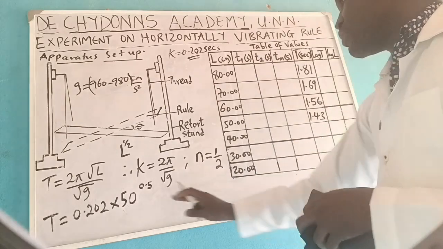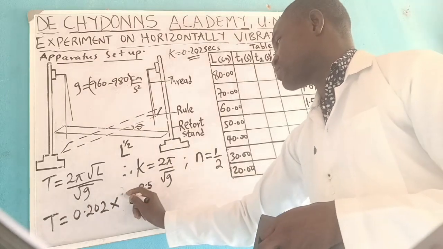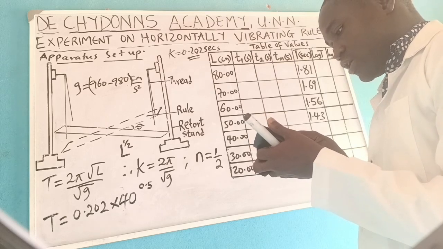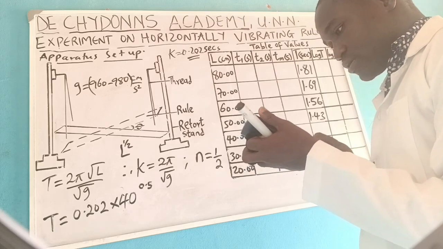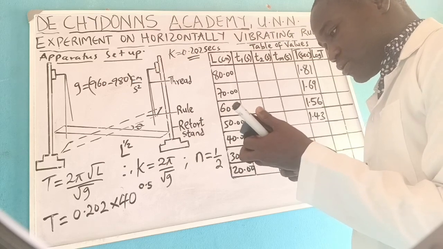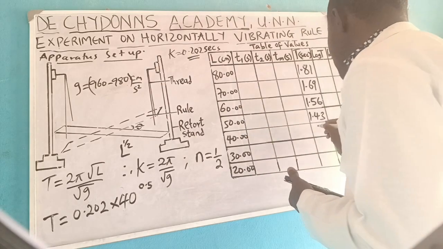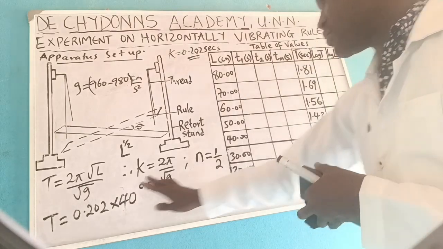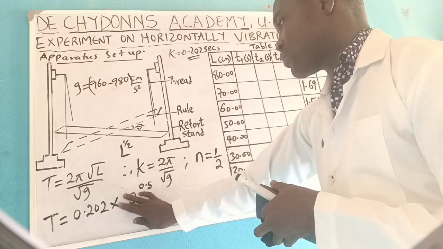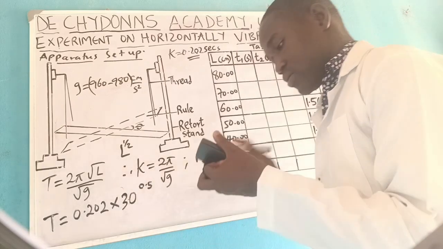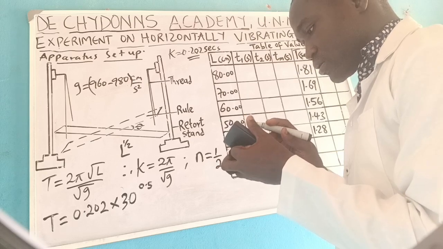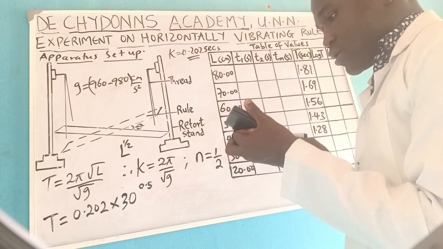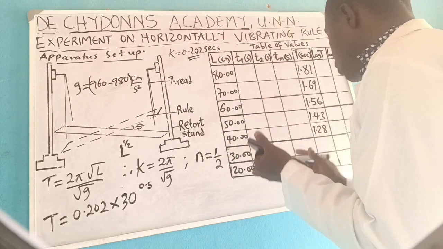Then replace here with 40. If you replace it with 40, you have 1.28. Replace it with 30, then you have 1.11.